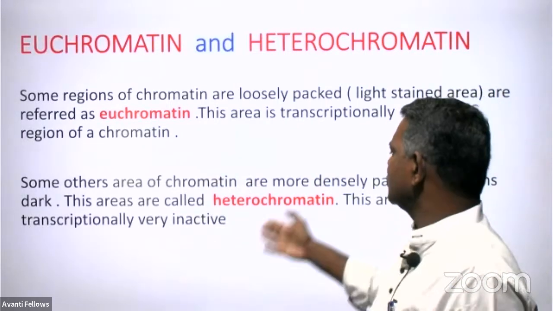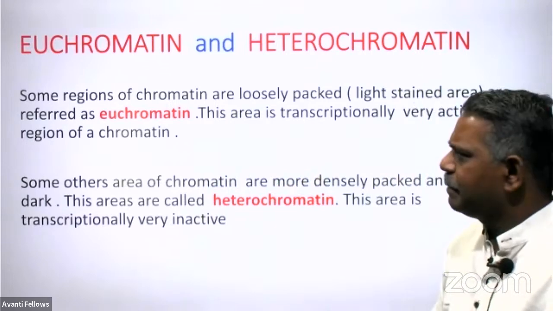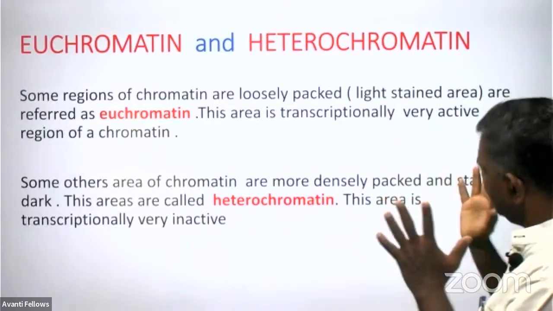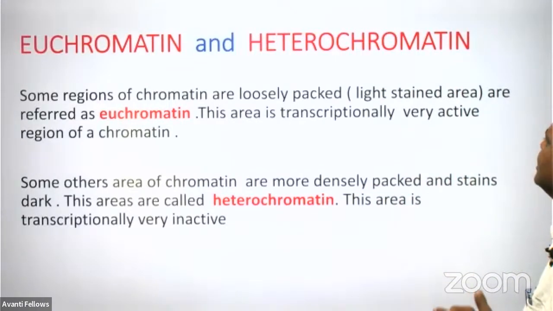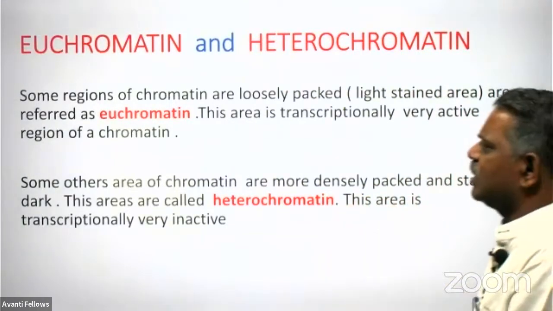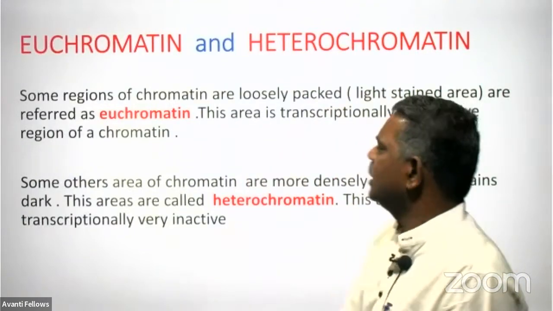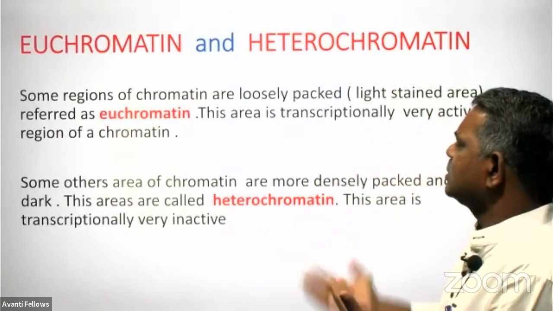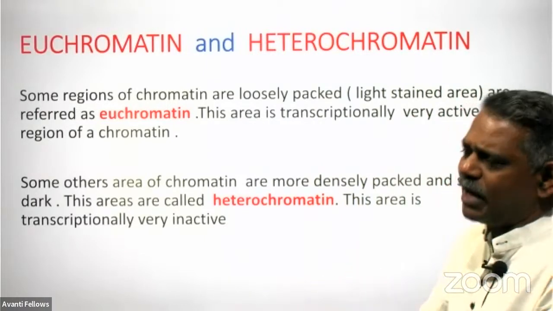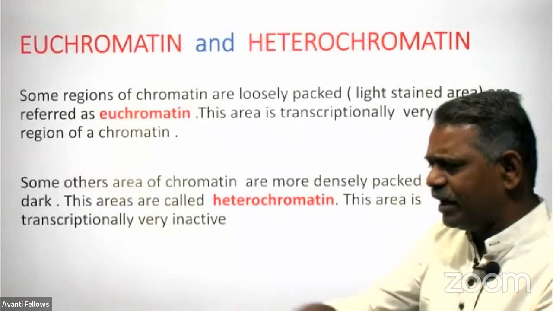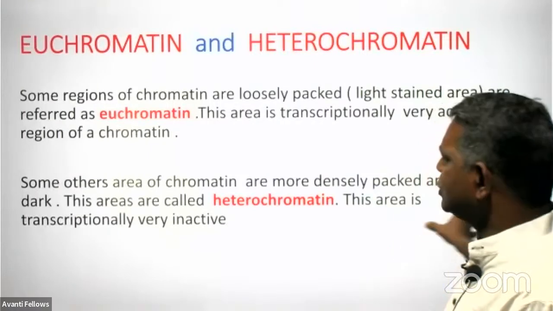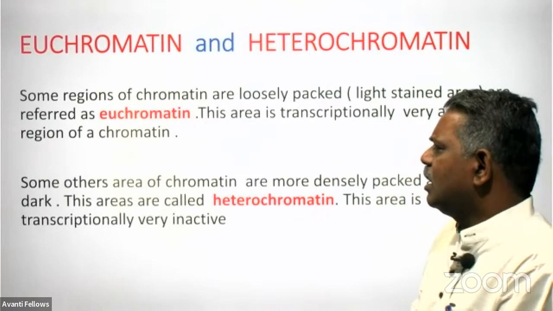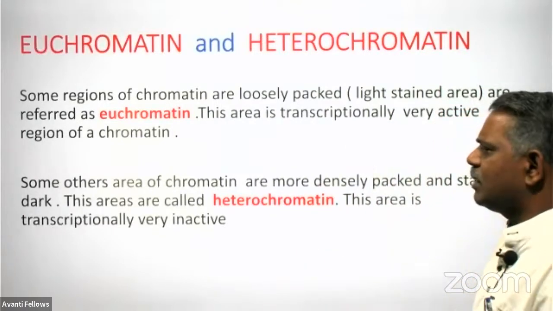So that is called the heterochromatin area. Some regions of chromatin are loosely packed, and this area absorbs only a little stain, and it is called euchromatin. As I told you, this area is transcriptionally very, very active, whereas other areas of chromatin are densely packed, very close to each other, connected very tightly, and such an area absorbs more stain and stains darkly, and it is called the heterochromatin area.